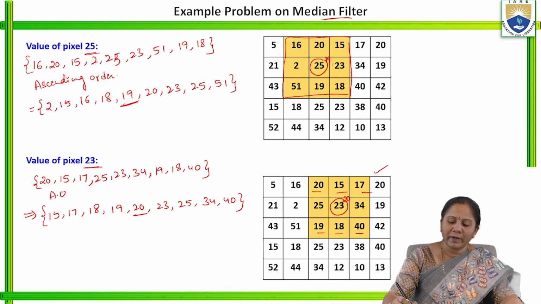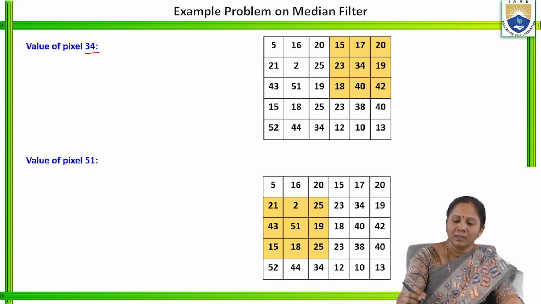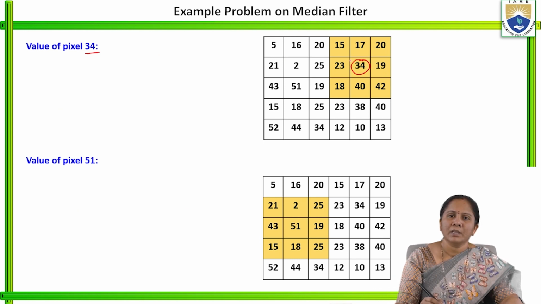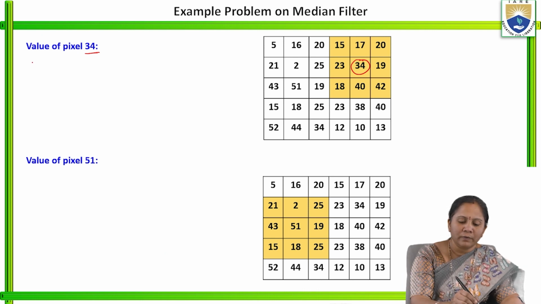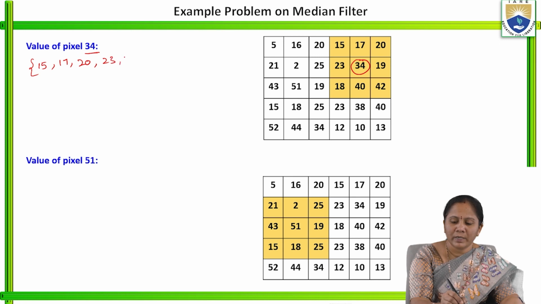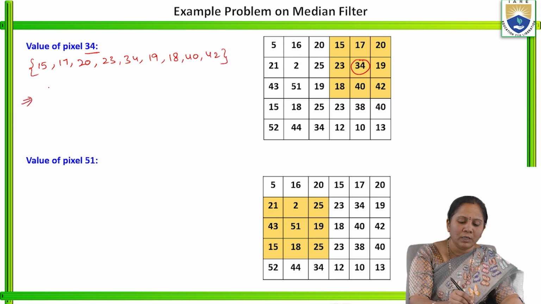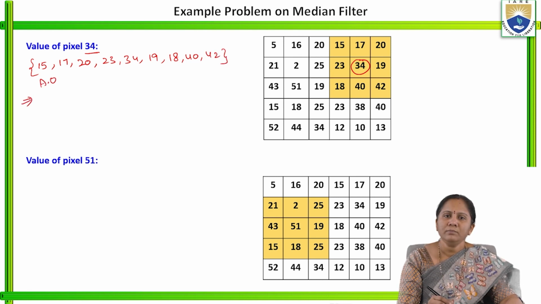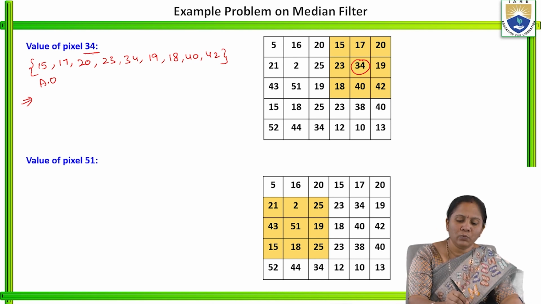Next we have to find the new value for 34. So we have to shift the mask such that this 34 will become the center pixel. If we consider all the neighborhood pixels under this mask, we have 15, 17, 20, 23, 34, 19, 18, 40, 42. Next, we have to arrange them in ascending order to calculate the new value of 34.